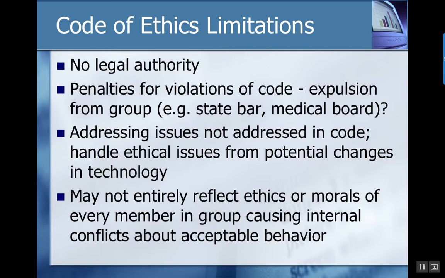And finally, it may or may not reflect the morals of every member of the group. So the question is, what is acceptable behavior? Depending upon the circumstances somebody's in, one code of ethics could potentially be in conflict with another one in determining what would be considered acceptable behavior.